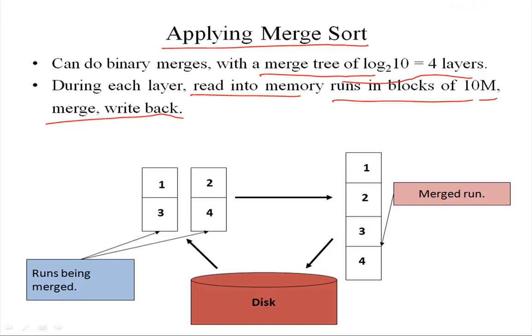This is a simple merge sort technique that we can apply with the BSBI algorithm for merging: fetch both pairs from disk, apply merging, and then write the merged result back to disk.